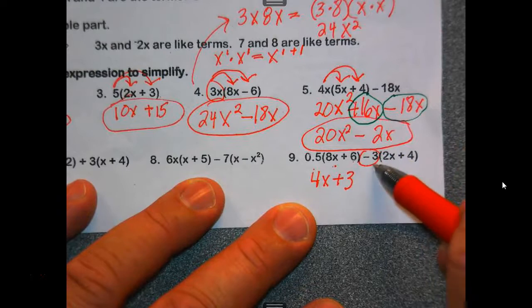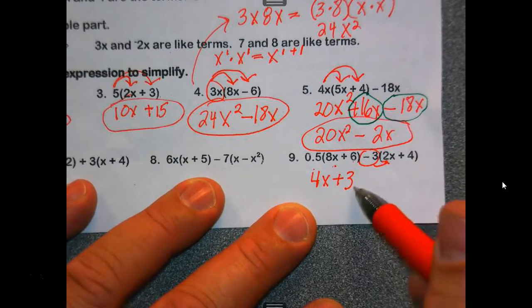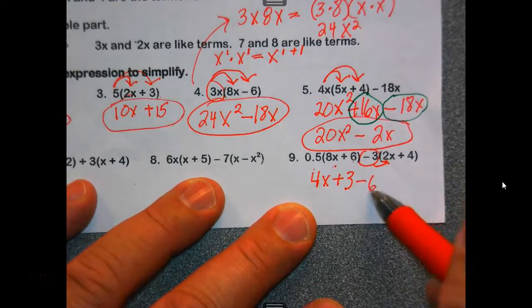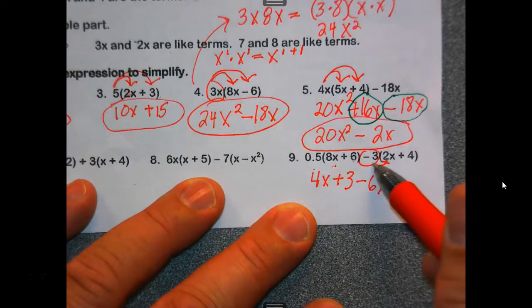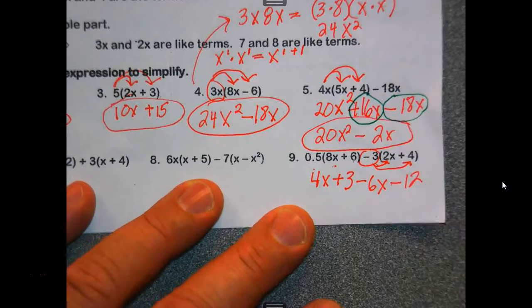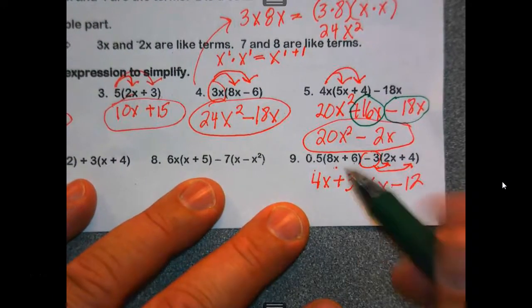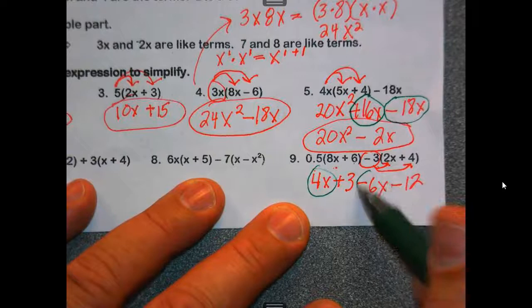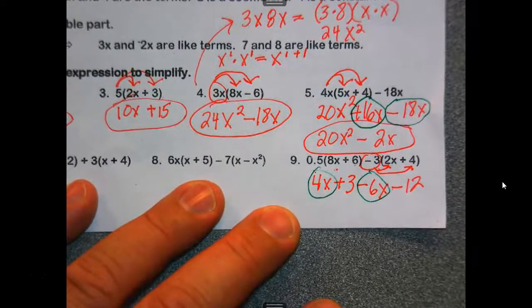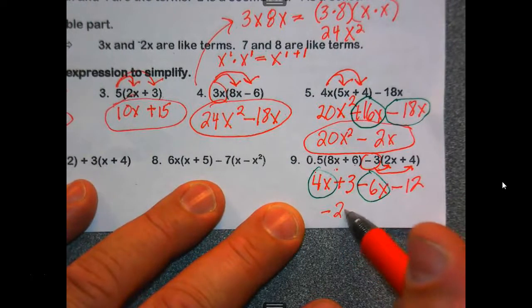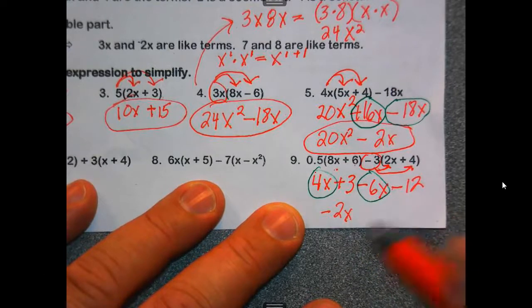Negative 3 times 2x, negative 6x, negative 3 times 4, negative 12. 4x is negative 6x, negative 2x, and then positive 3 minus 12.